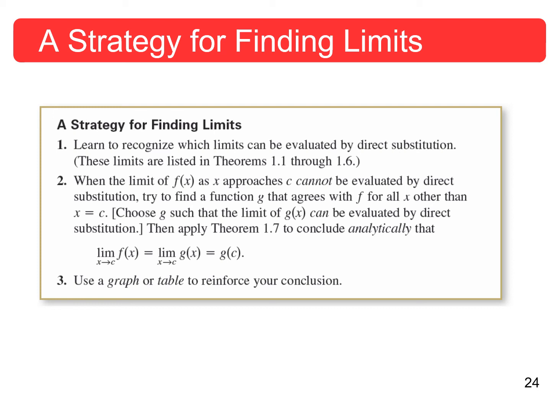If you're working on limits, the first thing you should try is direct substitution. When would it not work? It would not work if you get a 0 in the denominator. If you have a rational function and you get 0 in the denominator, then direct substitution won't work.